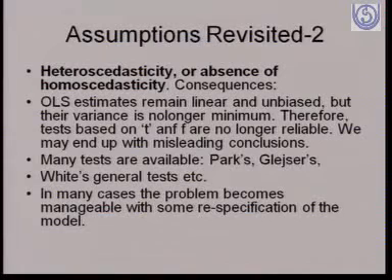What will be the consequences? Ordinary least squares estimates will remain linear, they will remain unbiased, but their variance is no longer the minimum. The result is that tests based on T and F are no longer reliable. We may end up with misleading conclusions.